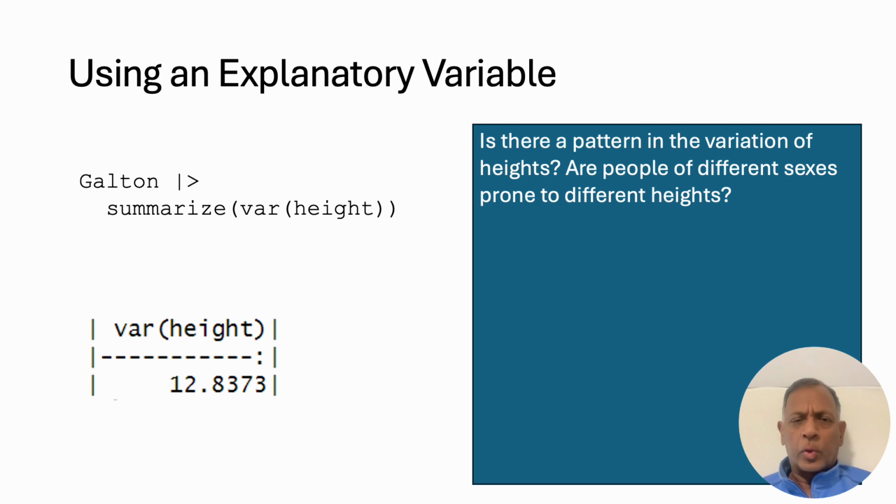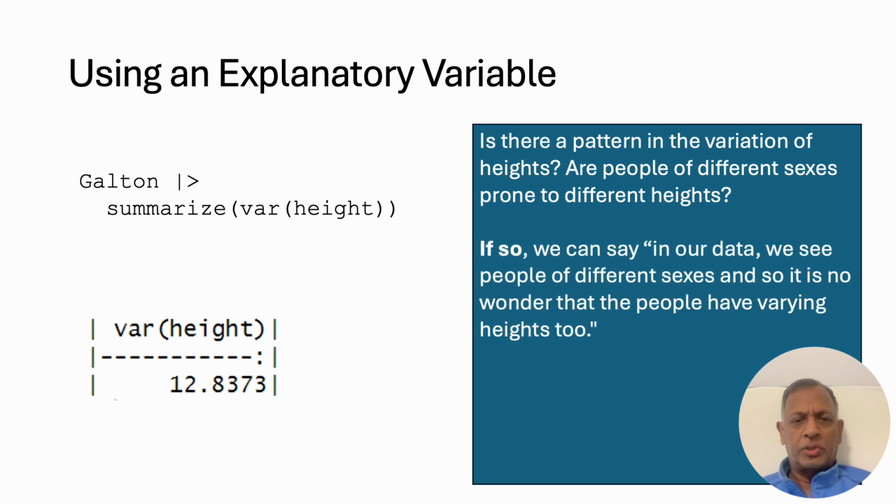We know that males are generally slightly taller than females. In our population there are males and there are females, so obviously we are going to see people with different heights. So some of the variation in heights is because there is a variation in the gender of the people.